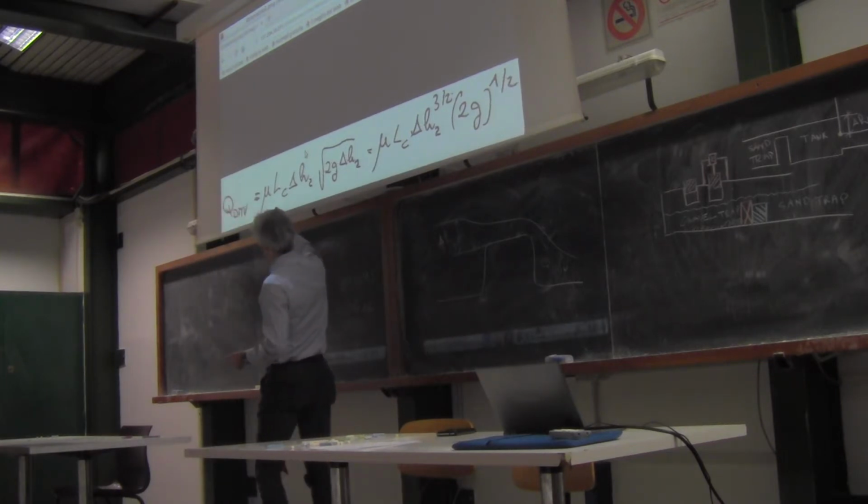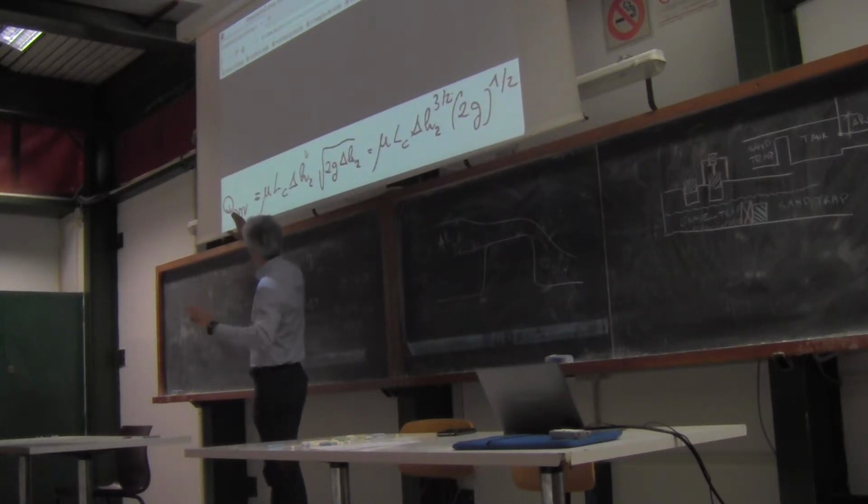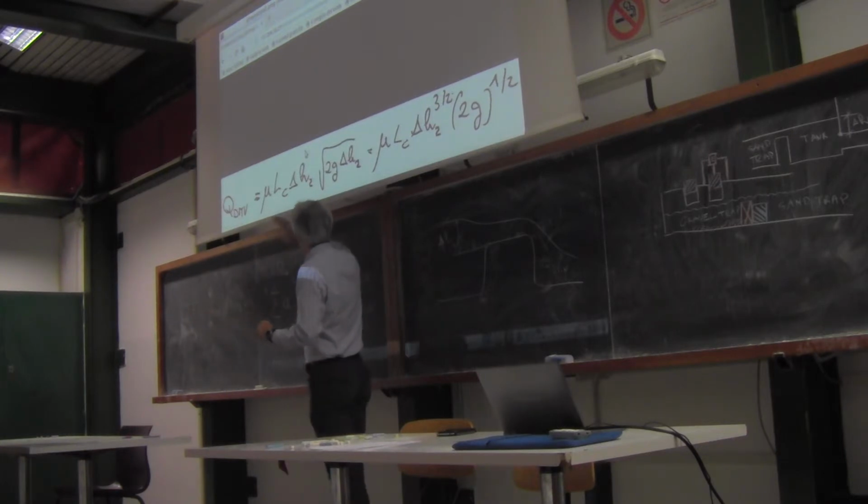Therefore, Lc is decided a priori. Q_dmv is known because we assume that it's known, and we will see how to estimate it. It's the environmental flow, which depends on the behavior of the river, and it's prescribed by law. So it's the law that tells you, I want a specified value of the environmental flow. It's known. μ is known, Lc is fixed.